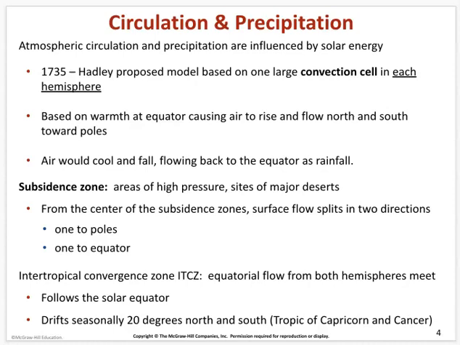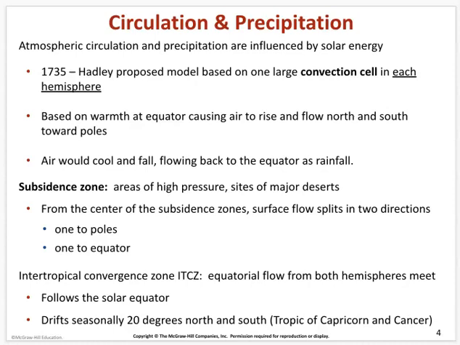The equator has lots of warmth and gets direct sunlight, which causes air to rise because heat rises. This rising air flows north and south toward the poles. As the air cools, it falls and flows back in toward the equator as rainfall.